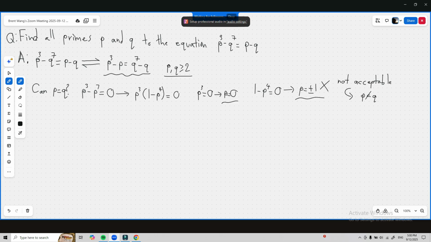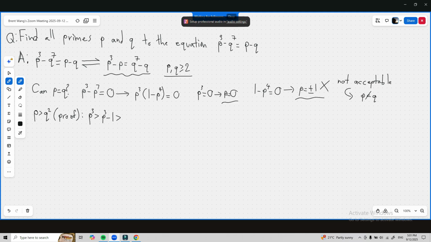Alright, so now let me show you something. I'm going to show you that p is actually greater than q squared, and here is the proof. So p cubed is obviously greater than p cubed minus 1.